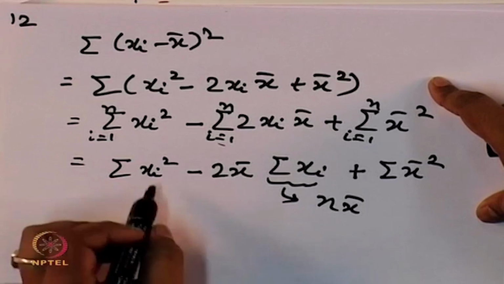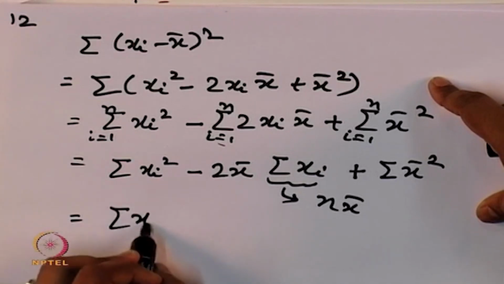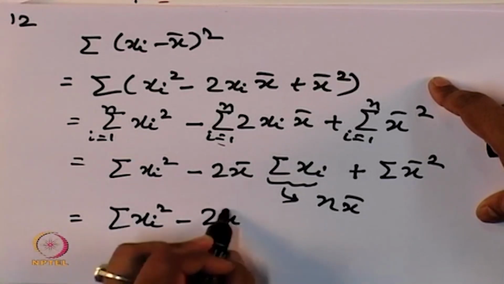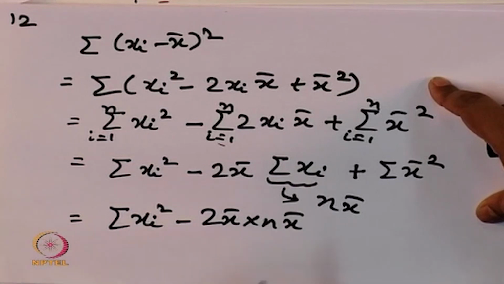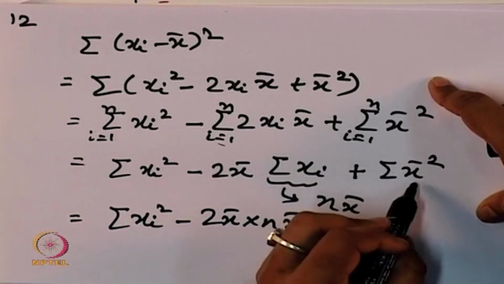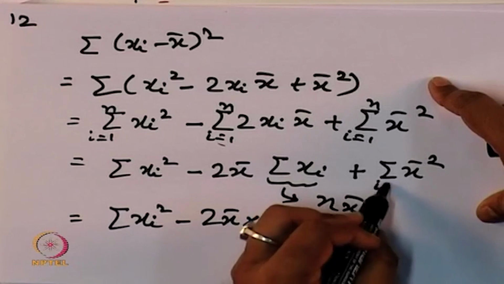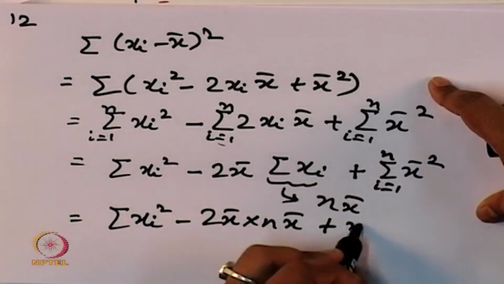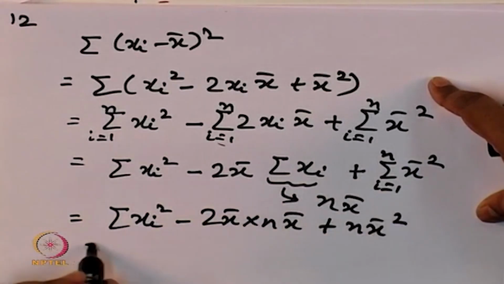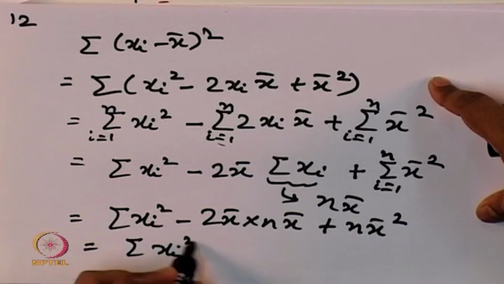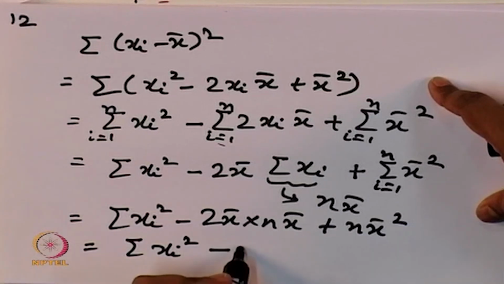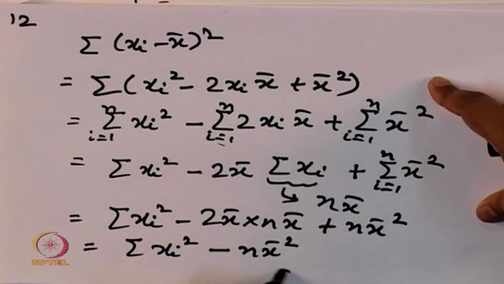So this becomes summation xi square minus 2 x bar into n x bar, and summation x bar square summed up n times, i equal to 1 to n, is n x bar square. So this final expression is summation xi square minus n x bar square.